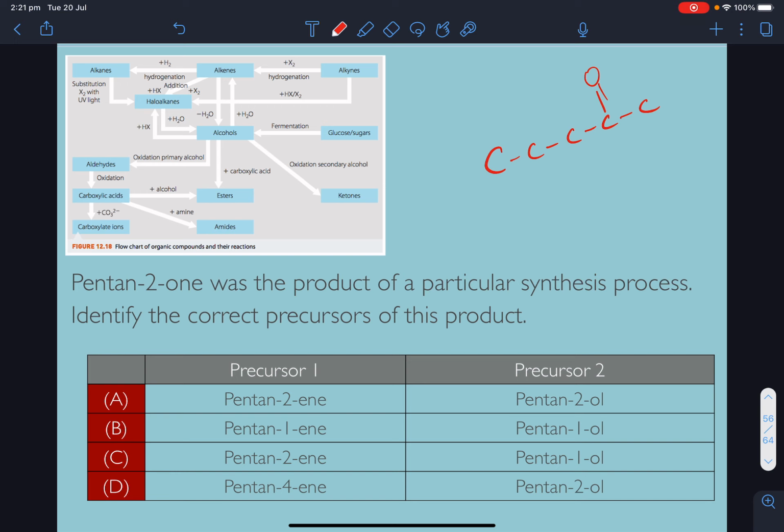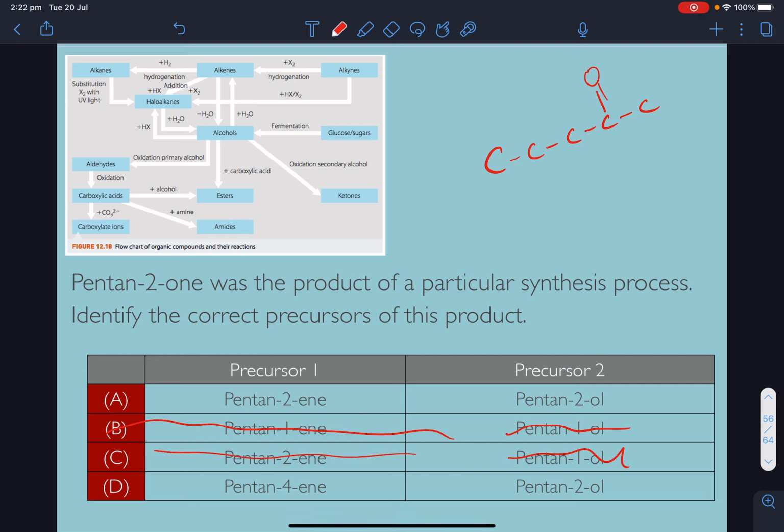So it's saying which of these precursors is the one that gets to the ketone. Okay. So we're talking about an oxidation of an alcohol. Oxidation of primary alcohols will make an aldehyde. We haven't got an aldehyde, we've got a ketone. So we can cross out the pentan-1-ol, and it's the pentan-2-ol which would put the ketone in the 2 position. Okay.